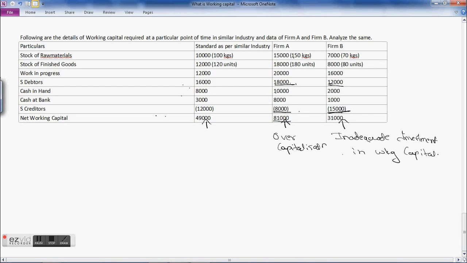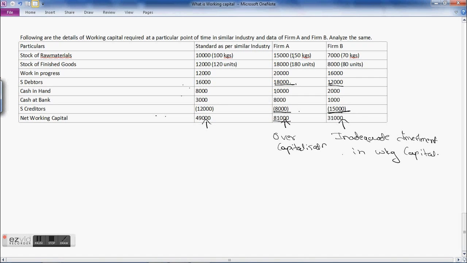Again, your working capital requirement need not be as per your standard industry. It depends on firm to firm also. As I said, if there is an immediate requirement or demand of goods for a certain firm, then it needs to increase the stock of raw material, finished goods, work in progress, or vice versa also.